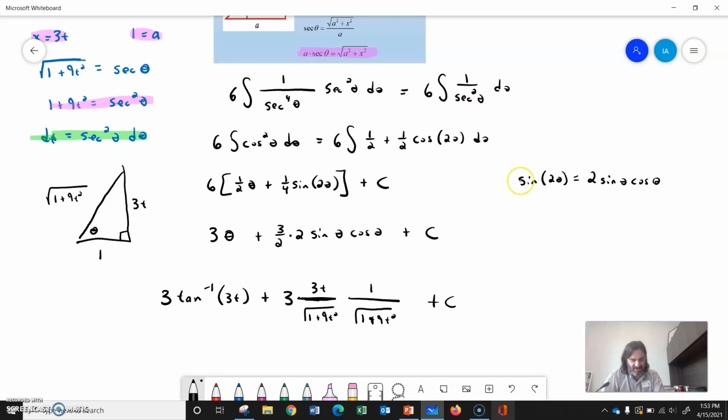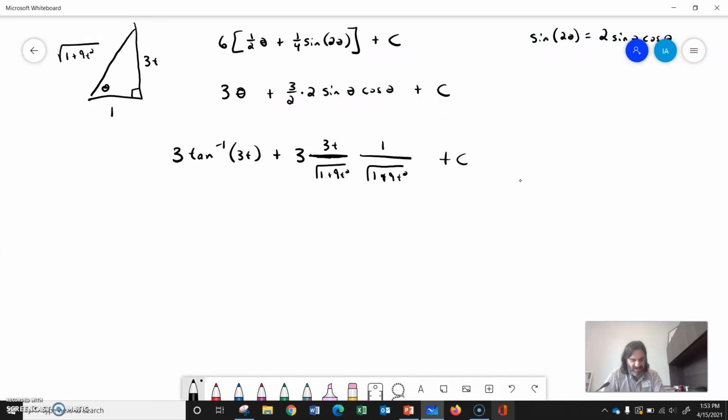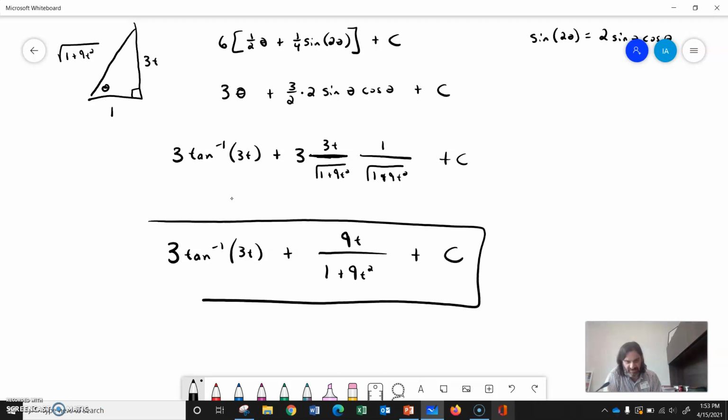One last thing, because I think we can clean up a little bit more. The first part is going to stay the same, so 3 tangent inverse of 3t plus 9t over the two square roots will knock each other out, so it'll be 1 plus 9t squared, plus c. Okay, so there is our answer if everything went right.